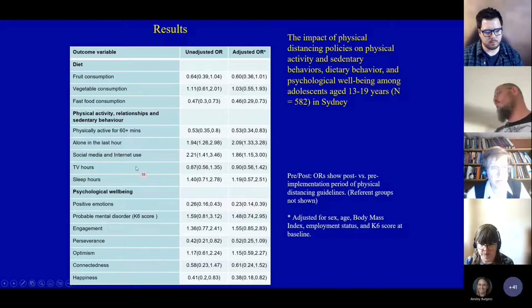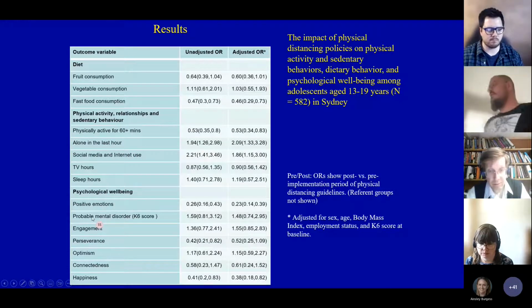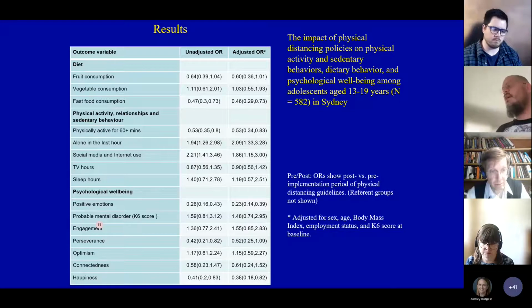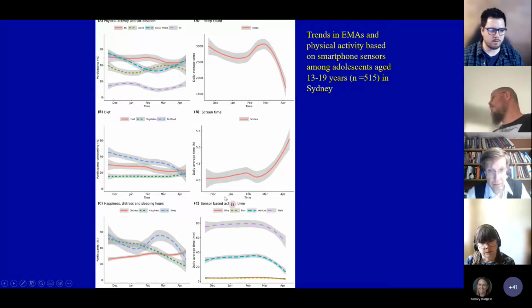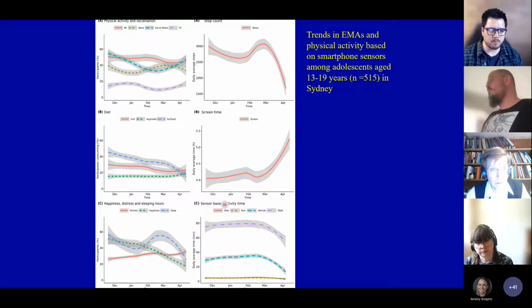But we were not able to capture a significant increase in psychological distress, probably because of the design of the questions itself. Here are some data from the sensors and from the EMAs.